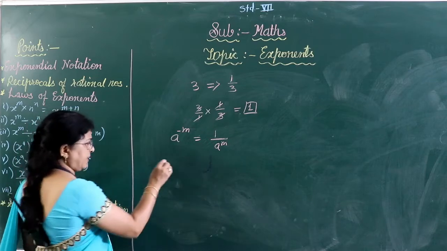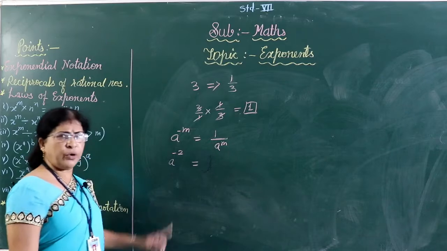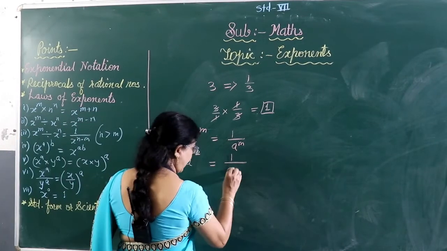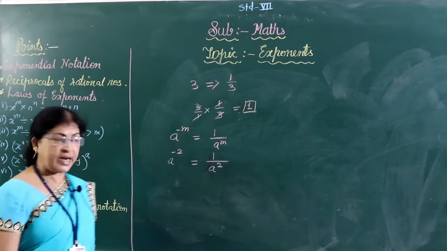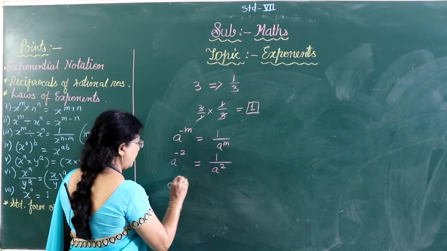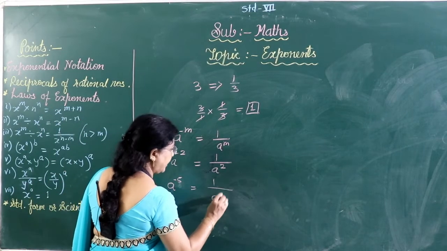If I am writing a raised to minus 2, how will you write its inverse? 1 upon a raised to 2, right? If you are writing a raised to minus 5, it means 1 upon a raised to 5.